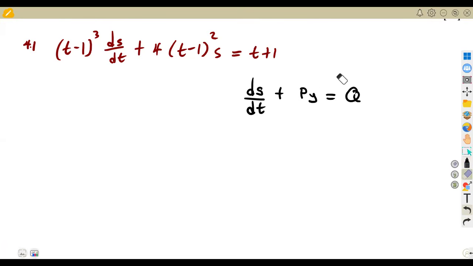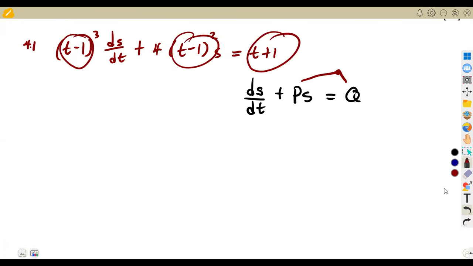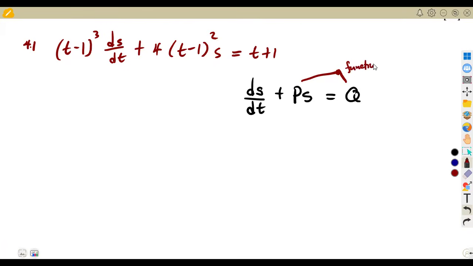So it's going to be Ps, where P and Q are no longer functions of x, but they are now functions of t. So P and Q are functions of t this time.